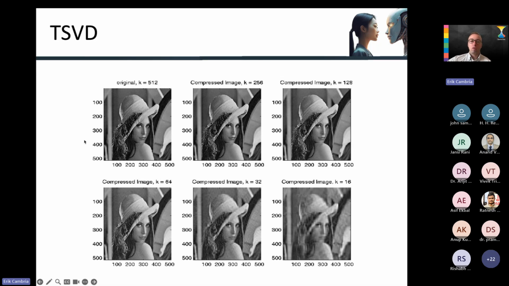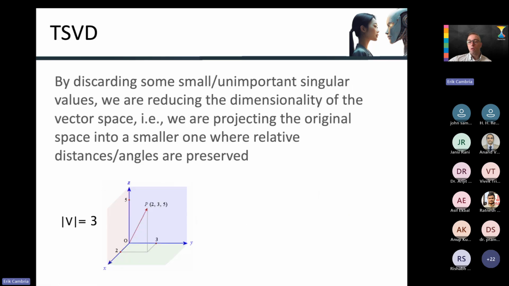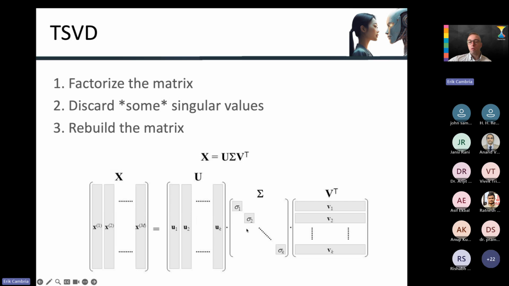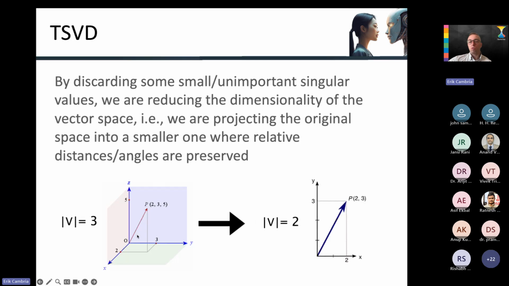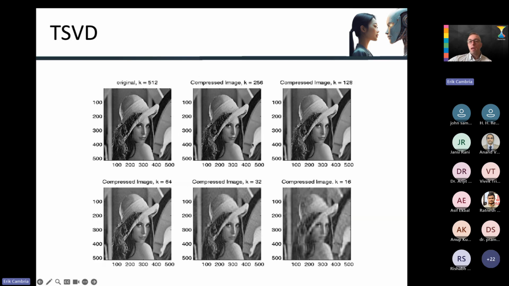So in the original picture, you have all the 512 singular values. Here I throw away half of them, which means that I remove half of the singular values in the bottom right corner, recalculate the matrix to reproduce the picture. And as you can see, it's almost equivalent.